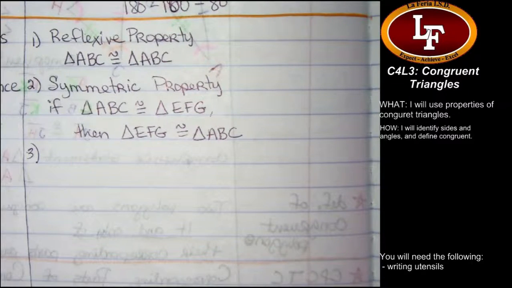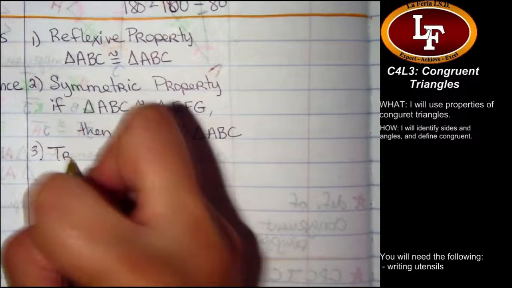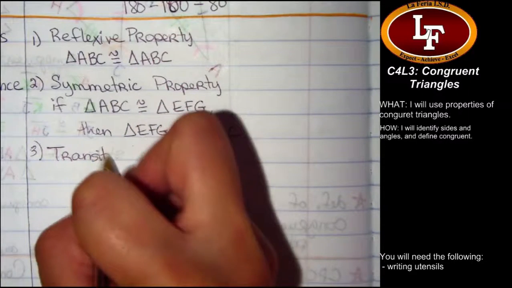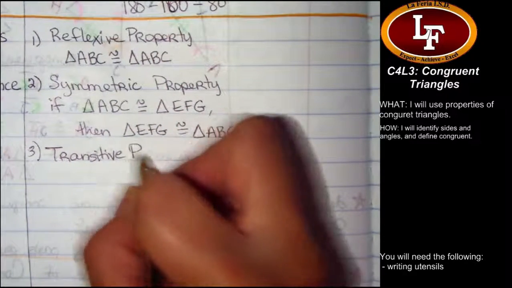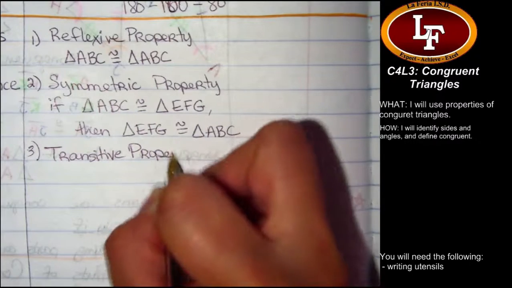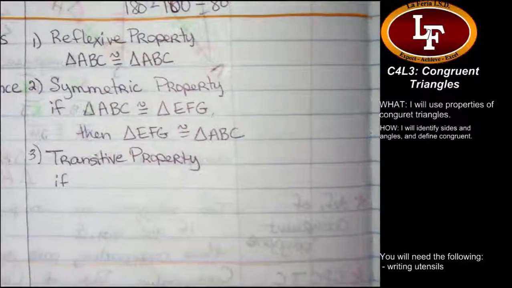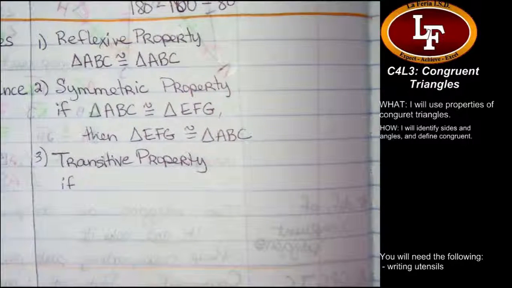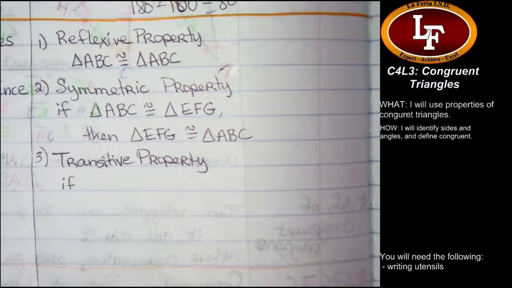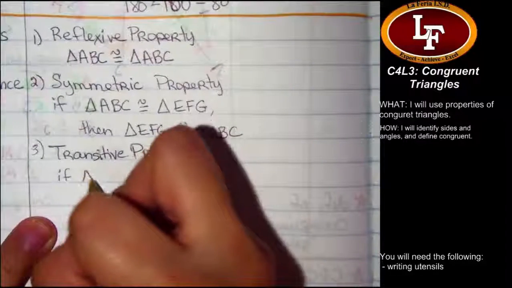All right. Here's the last property. It's the transitive property. Oh, you're like, I know this one. You know it from algebra. You've got three things. Two of them are equal to each other, and one of those is equal to something else, and you can use that as a bridge. You can do it also here with congruence.